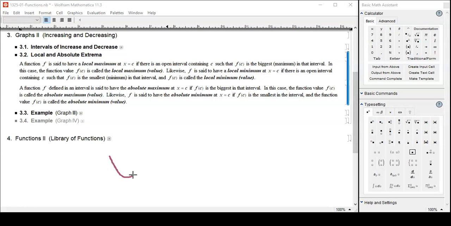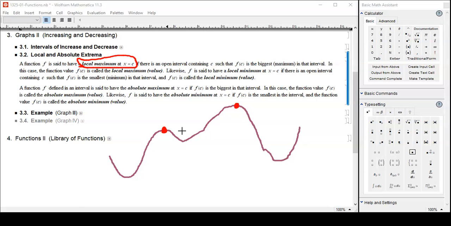Let's suppose we have a graph like that. Okay, all right. And here are local maximum, another local maximum. So around here is the maximum.